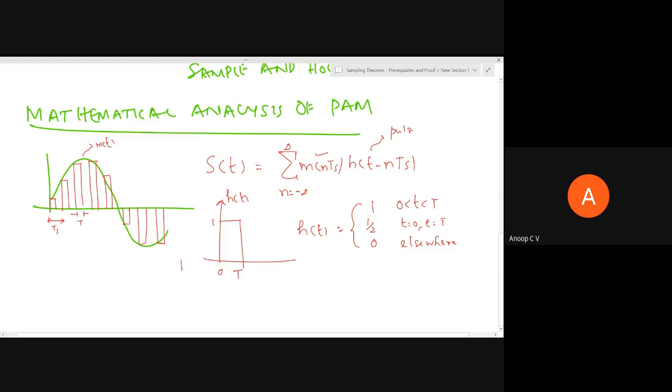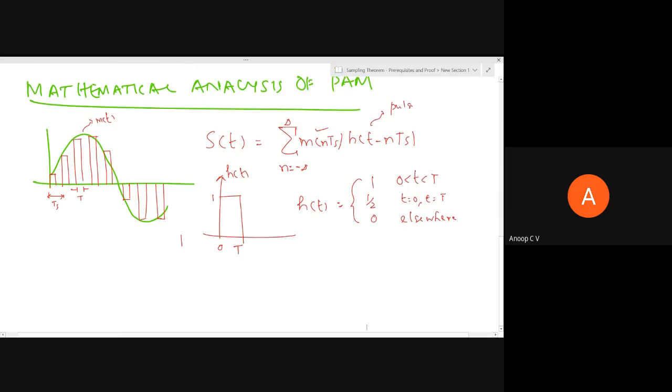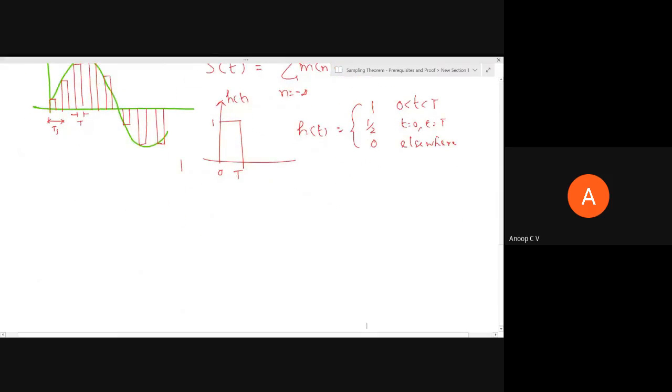Now maybe our idea is to come up with a system model, a mathematical model, to generate the PAM signal and also to reconstruct the original signal from the PAM signal. So for that, I'm again using my intuition. I have my signal m of t, and the first step, as I told, is sampling.